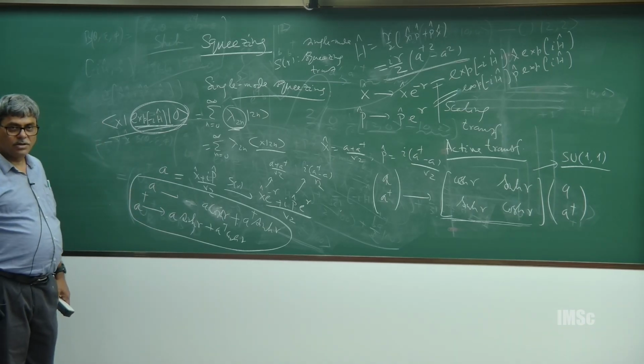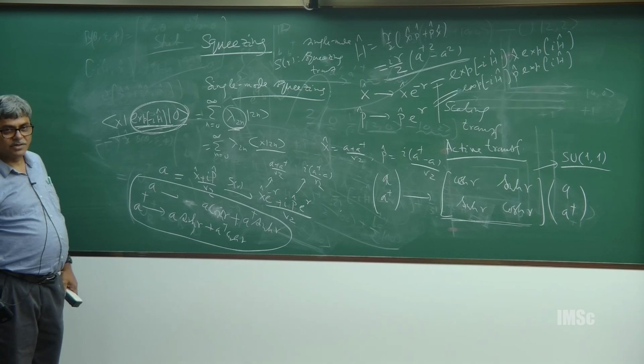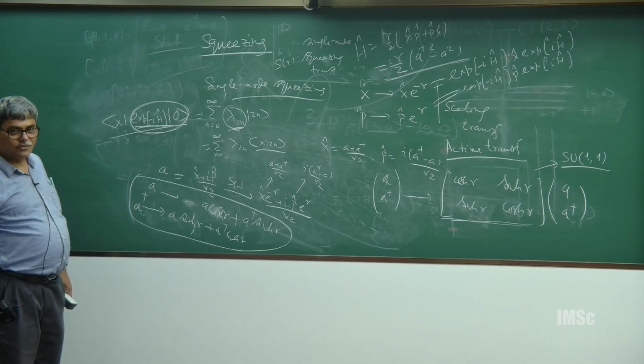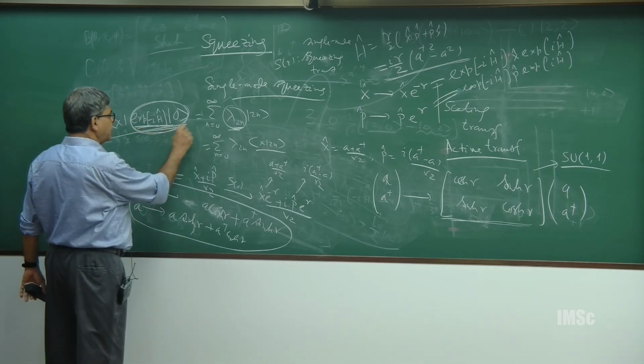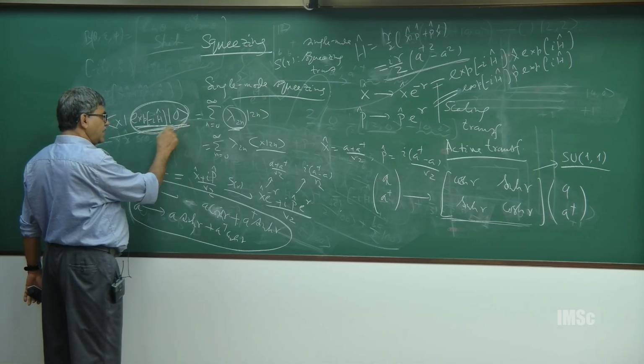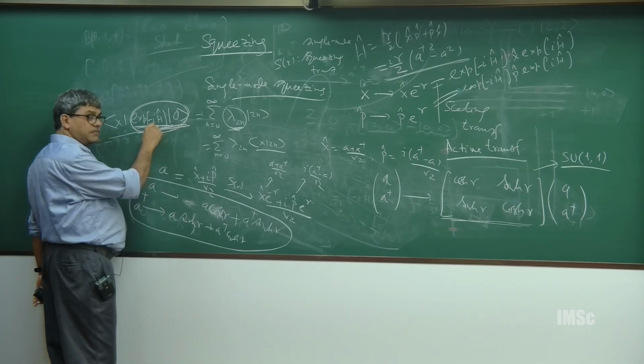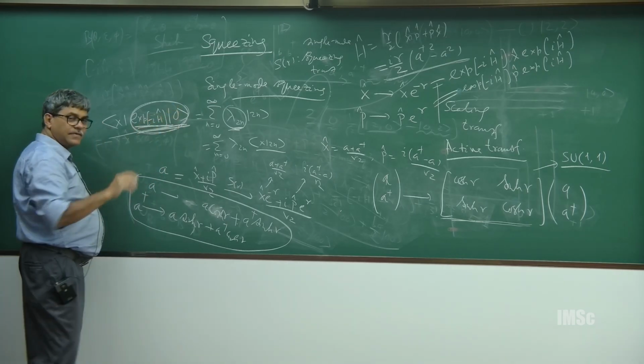Okay? A and A dagger is anyway not Hermitian. Yes, it is not Hermitian. So one can figure out the Wigner function. This is a Gaussian Wigner function, just like coherent states and others.